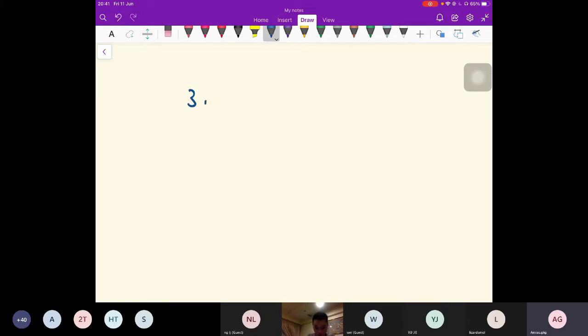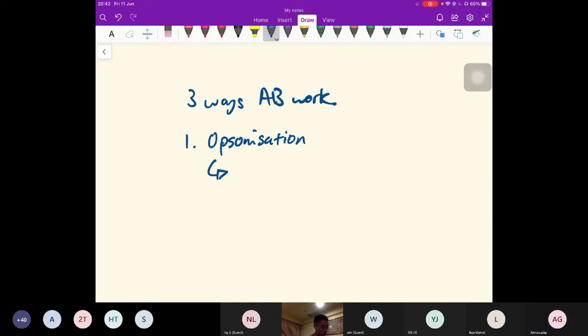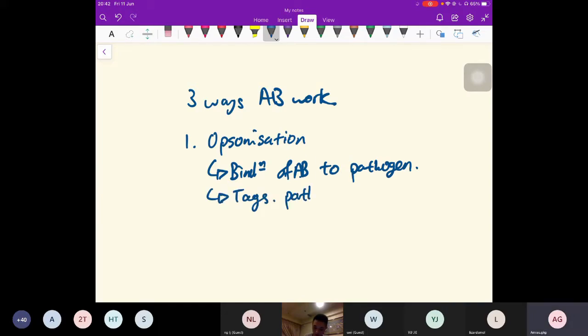There are three ways your antibodies work. Not all three will be taught in every school. The first one is opsonization. This is still relevant to the topic, so I'm going to cover it now and not after the lesson. Opsonization refers to the binding of antibodies to your pathogen, which tags the pathogen for phagocytosis.